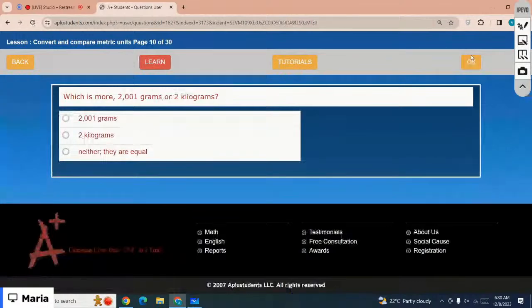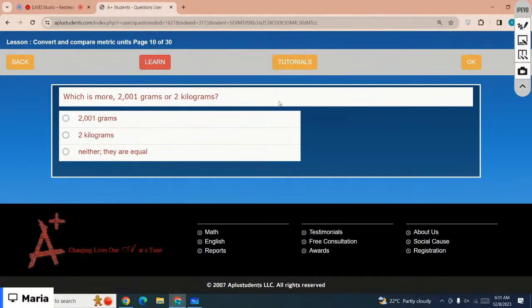Okay, the next one is which is more, 2001 grams or 2 kilograms? The correct option is 2001 grams is more, right?